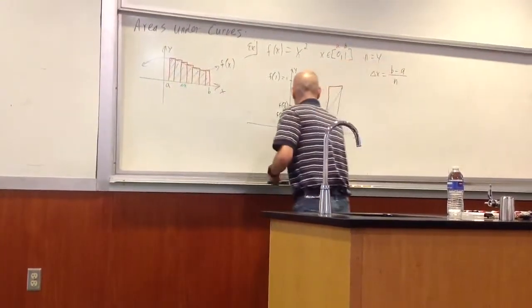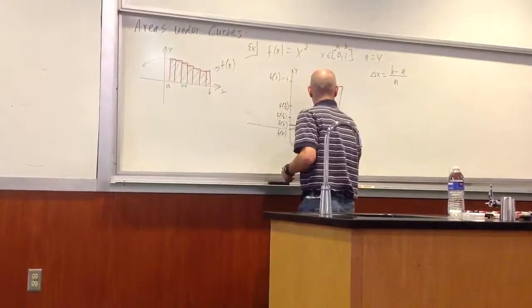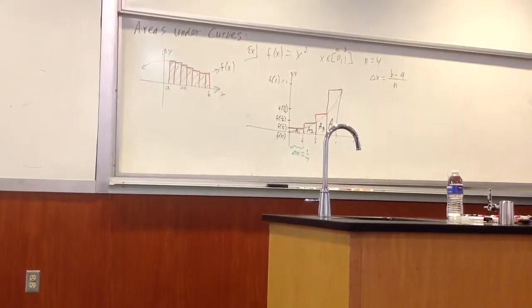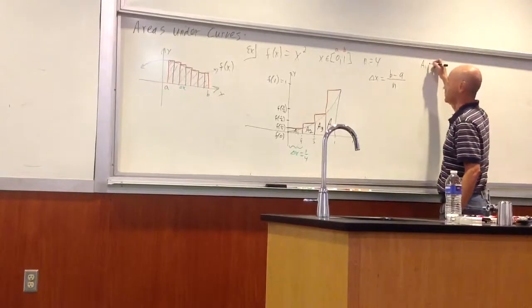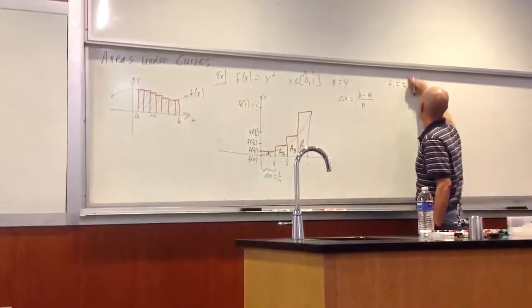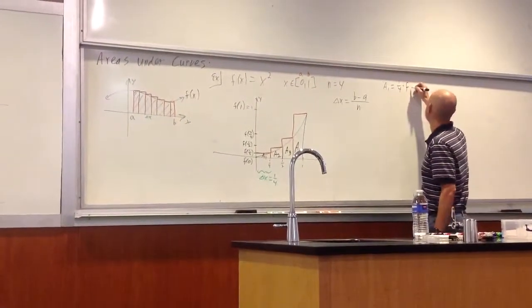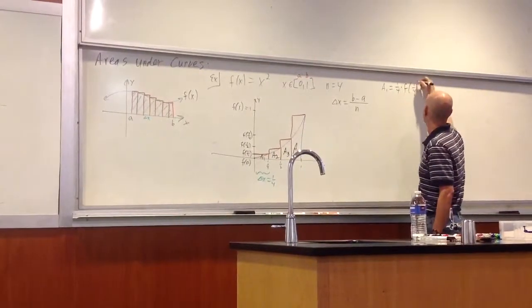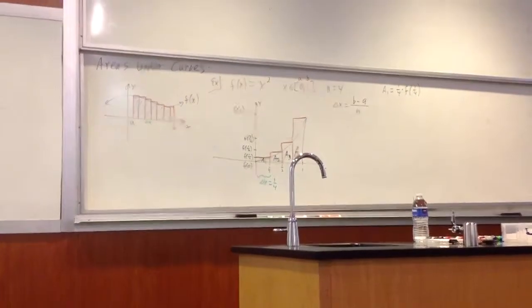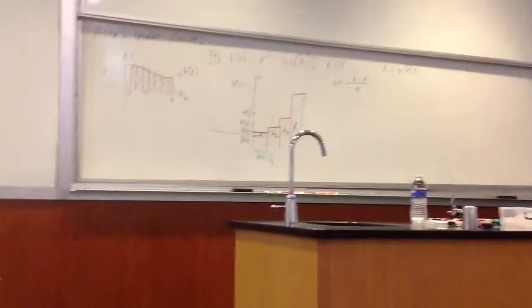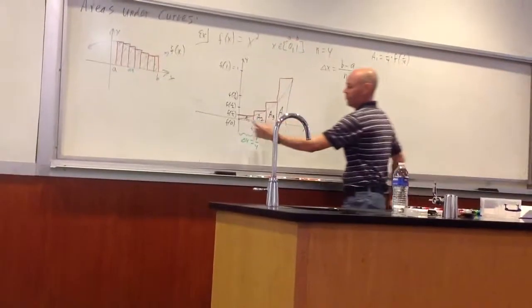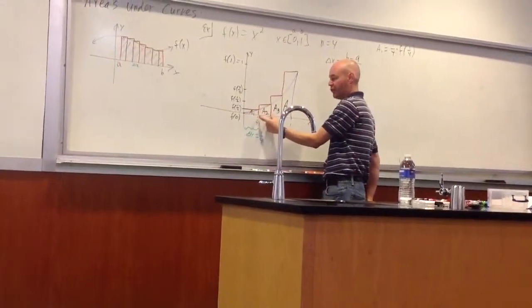So I'm going to call this area 1, area 2, area 3, and area 4. This one is 1/4 times f of 1/4. This one's going to be 1/4 times f of 1/2.